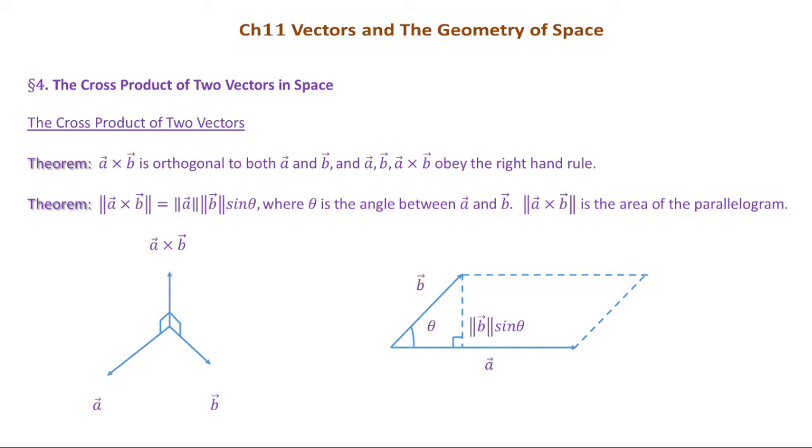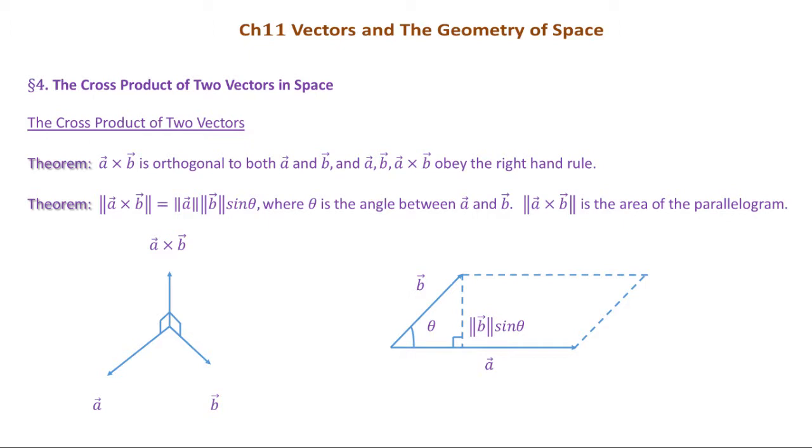So you just hold your right hand curving like this, and then the thumb direction will give you the direction of A cross B. So that's how you determine the direction of the cross product of two vectors. Okay, so that's called the right hand rule. Okay, so that tells us how to determine the direction of A cross B.